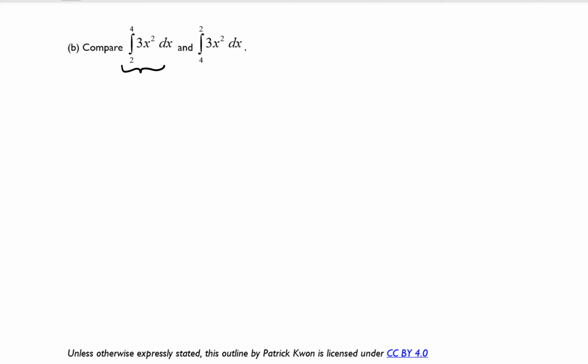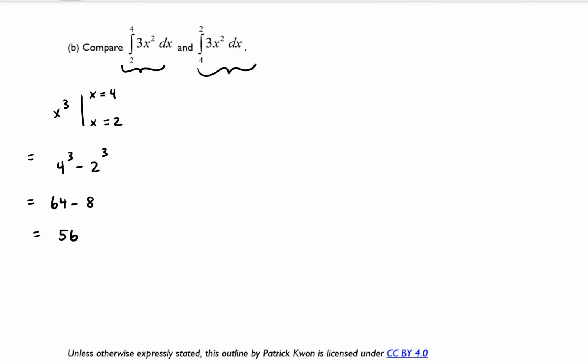Let's calculate this first definite integral. So that's going to be 3x cubed over 3, which just ends up being x cubed. And that's going to be evaluated from x equals 2 to x equals 4. So that's going to equal 4 cubed minus 2 cubed, which is going to equal 64 minus 8. So that's going to be 56.